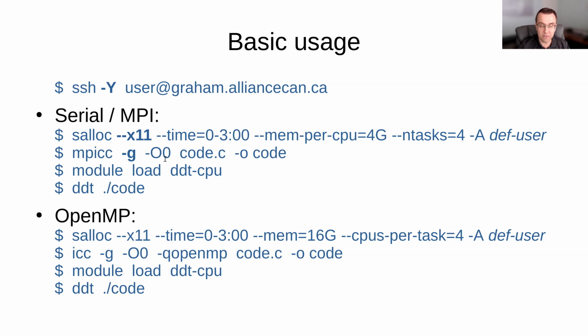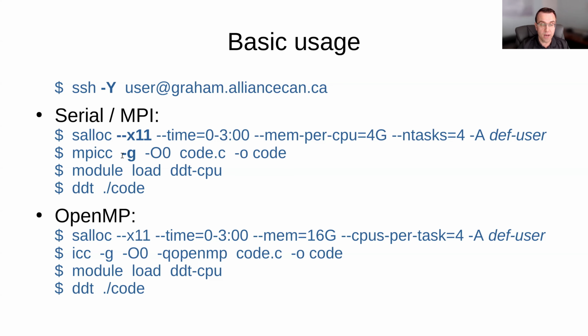For those who never used the salloc command, it takes the same arguments as the sbatch command, our main command to submit jobs to the cluster. The only difference is you don't list them in a job script. Instead, you add them in the command line for salloc. Important point here, you have to add --x11 in all your salloc commands to enable X11 forwarding. So now this forwarding works all the way from your computer to the compute node.